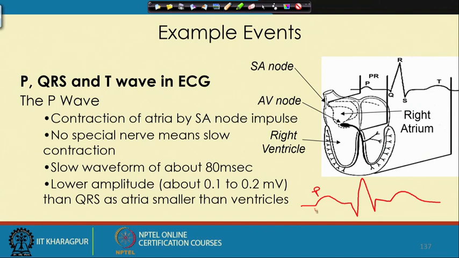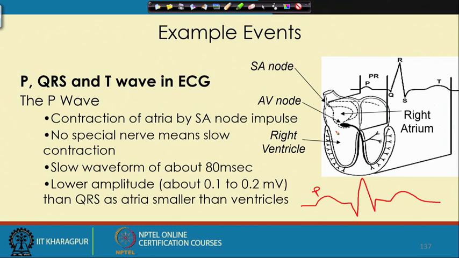The P wave is started by a node, or a set of cells, which gives an electrical impulse. That is called the SA node.